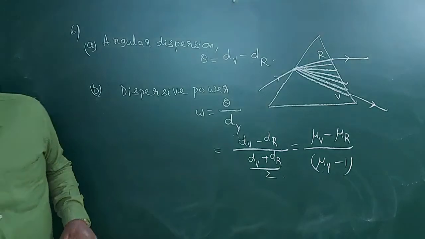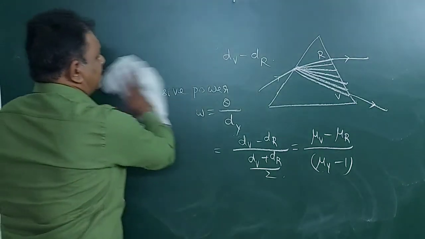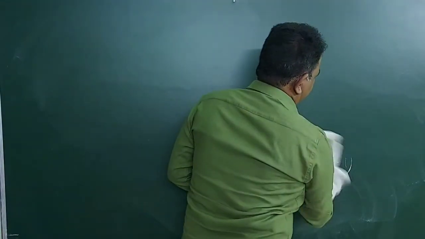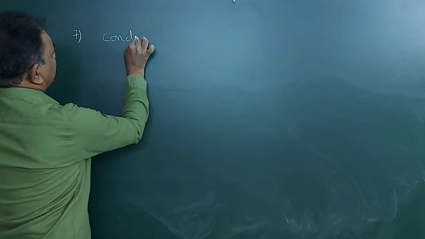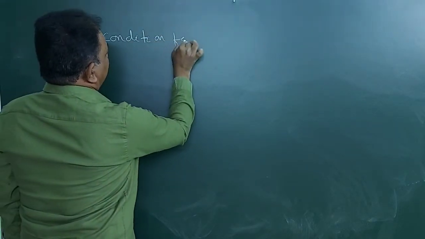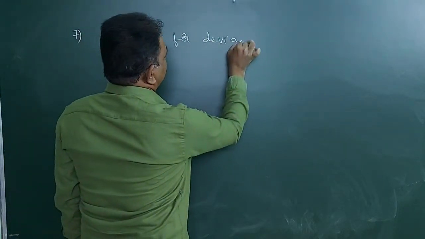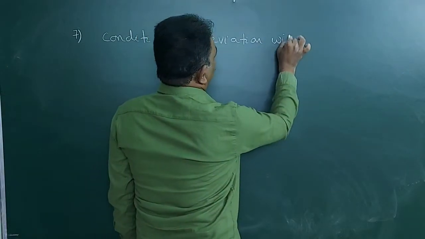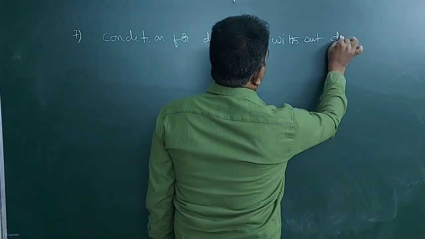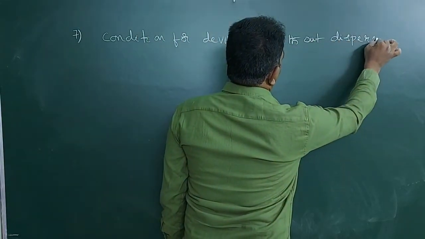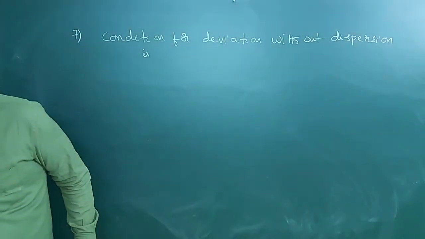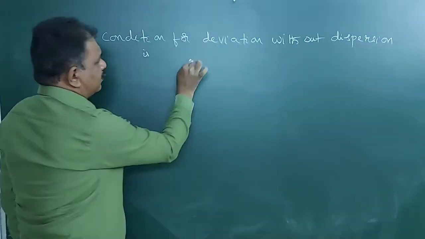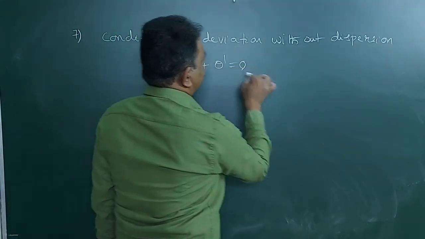Okay. Next, some more formulas will be there. Condition for deviation without dispersion is, so two prisms if we arranged like this.